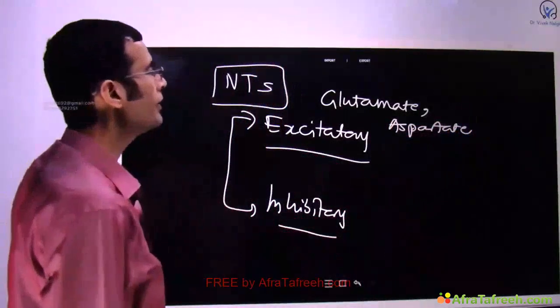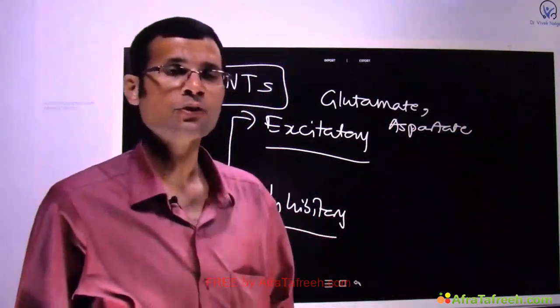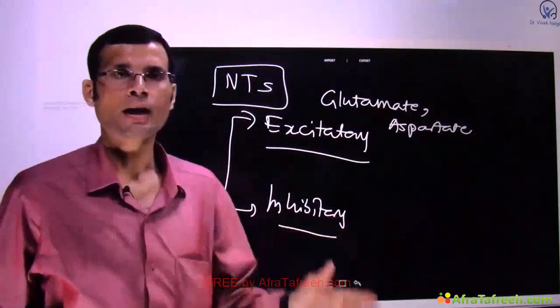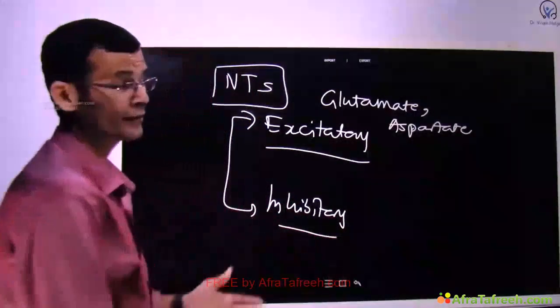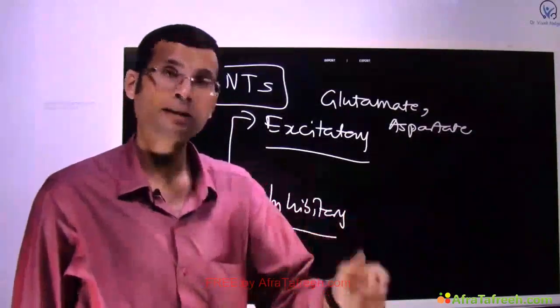There was one MCQ: commonest inhibitory neurotransmitter in the spinal cord is GABA, glycine, substance P, acetylcholine. The answer was glycine.